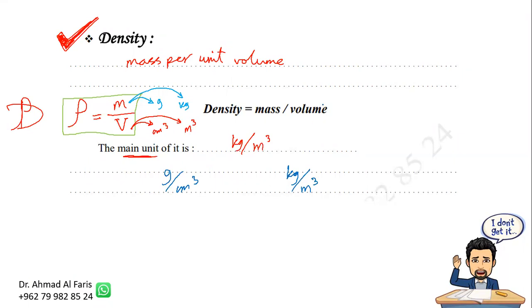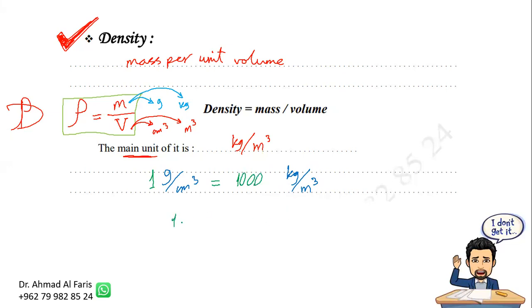Okay, now listen to me carefully. Look here. Actually, 1 gram per cubic centimeter is bigger than 1 kilogram per cubic meter by 1,000 times. How come? Look here.